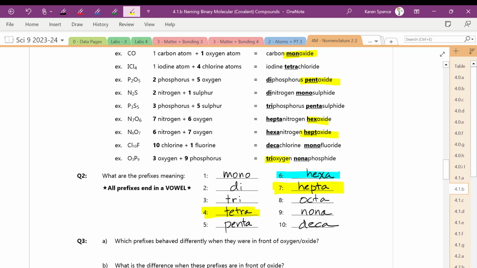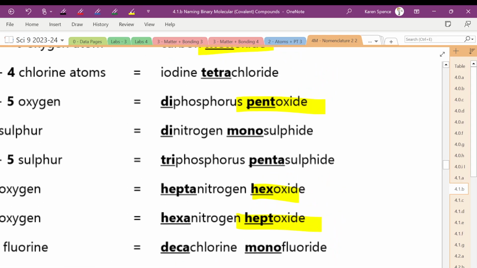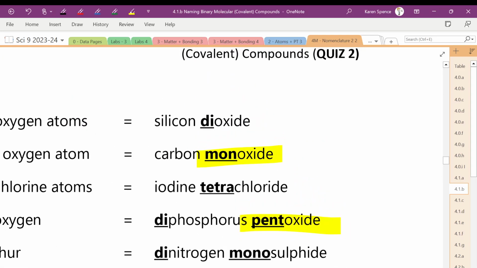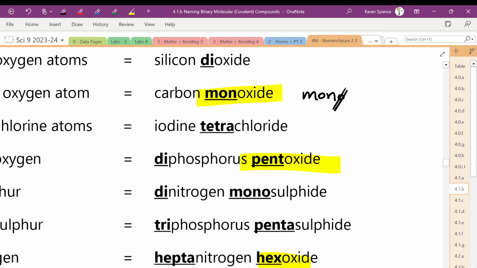What prefixes changed when they were in front of either oxygen or oxide? Did mono change? Mono became mon in front of oxide, right? Penta became, what did penta become?